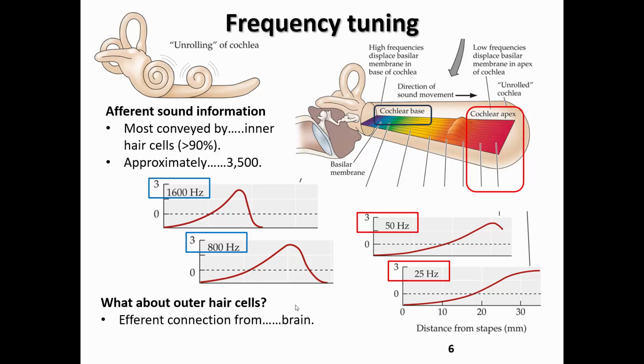We have bioelectrical signals traveling from the brain towards the outer hair cells. That conveyance will influence how the afferent signals are conveyed. So the brain does play a role in tuning the transmission of the sound waves by the inner hair cells.